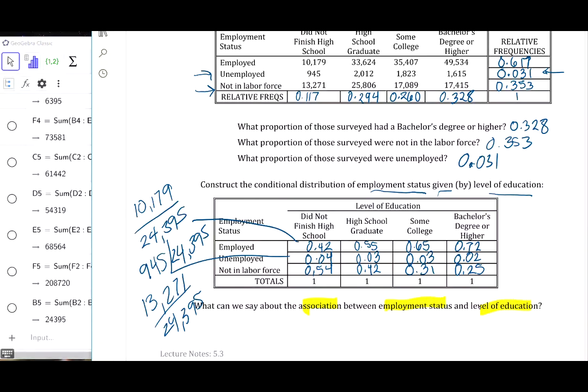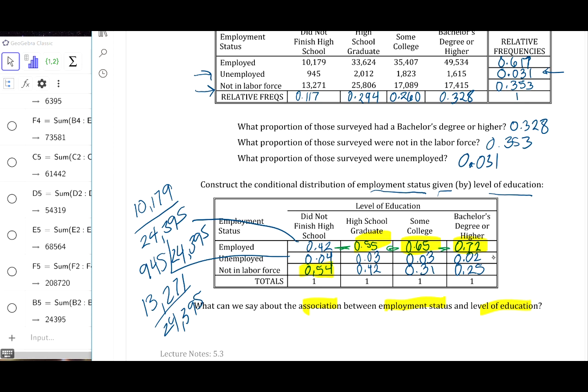So here, if we look across these columns, the different levels of education, does the distribution of employment status change? And one easy way to look at this is you could look at the highest ones in each column. And so yeah, it does seem to be different looking between them. Or you can look at what happens as you move from column to column. These values are not the same, and they're not very close to the same.